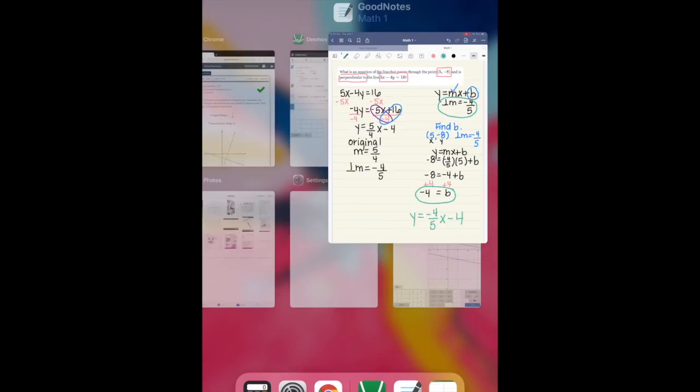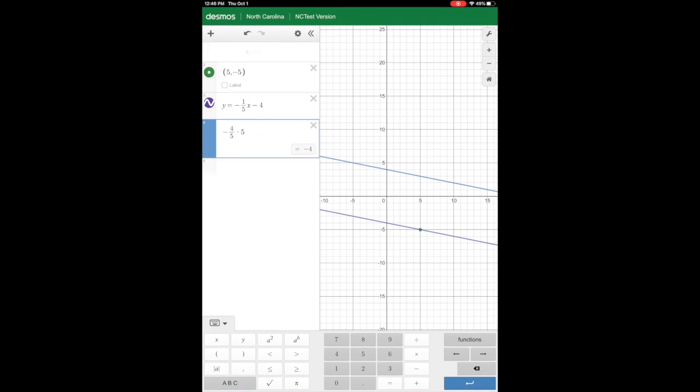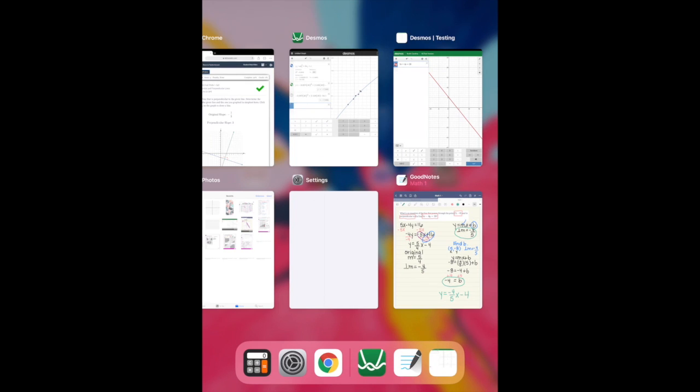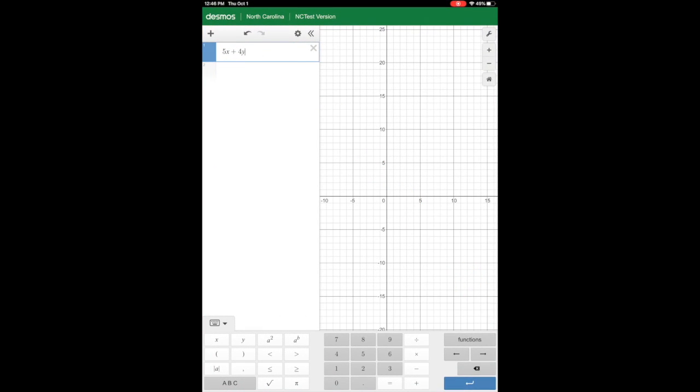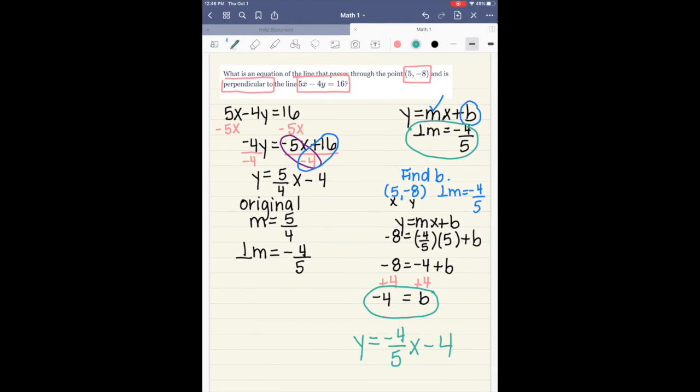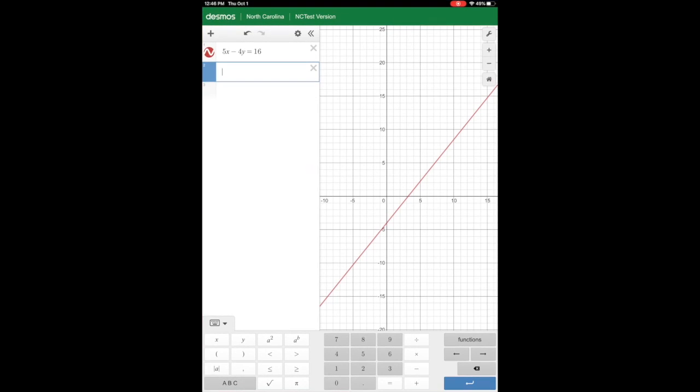All right, so again, I can go to Desmos. Let's graph the original equation. So I have 5x plus 4y equals 20. I believe that was what we had. Not at all. So we have 5x minus 4y equals 16. They want us to go through the point 5, negative 8.